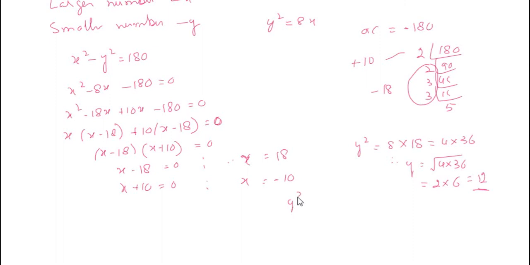Then y square equal to minus 10 into 8, that is minus 80. y square equal to minus 80. This is a negative number. You cannot take the square root of a negative number. So this value is not possible. Therefore, x equal to 18 and y equal to 12. These are the two numbers. This is the larger number and this is the smaller number.